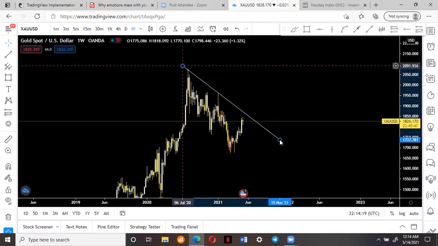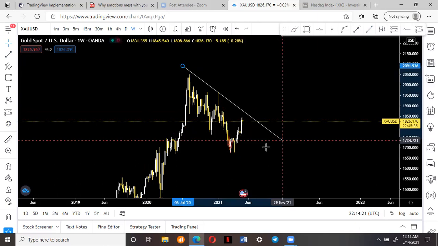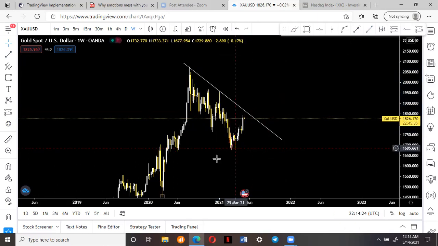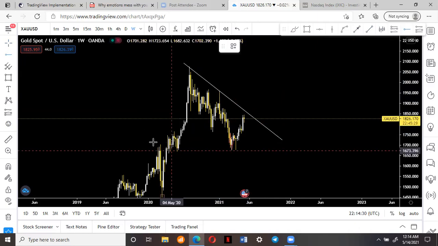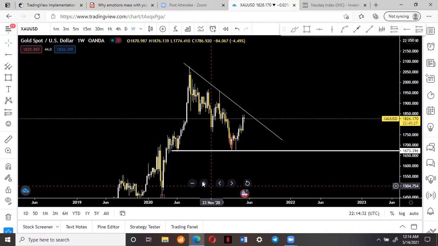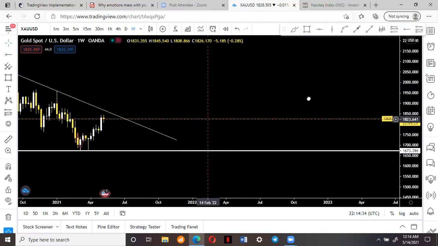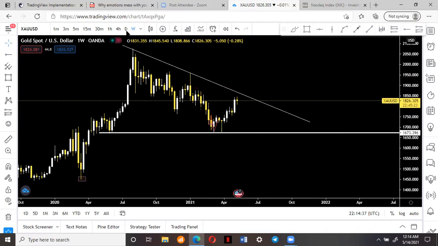We're having a downtrend. Cool. And we are having a support there. So with that being said, these are the major barriers right now.